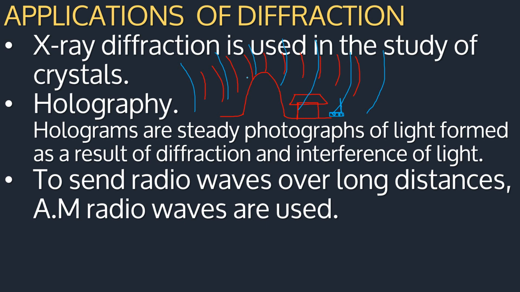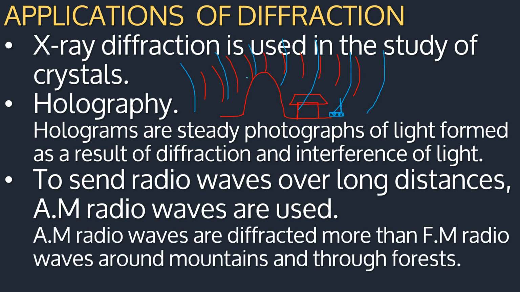So AM radio waves can be diffracted more than the FM radio waves. Reason: AM radio waves have longer wavelength. So AM radio waves are diffracted more than FM radio waves around mountains and through forests. That's why, even when you are here in Uganda, you can easily tune into radio stations of Tanzania.